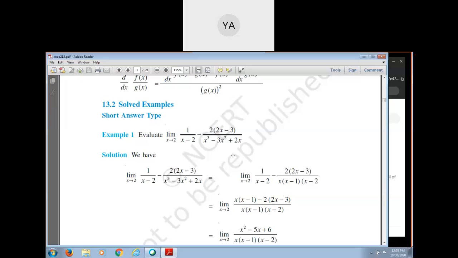If we put directly x equals 2, then what do we get? 1 divided by 2 minus 2. 2 minus 2 is 0. So, does it exist? No, it does not exist.